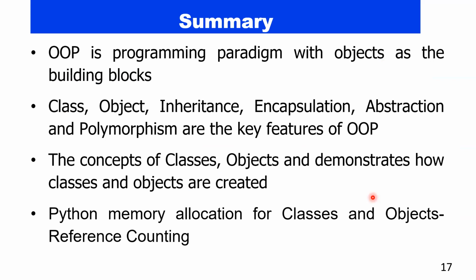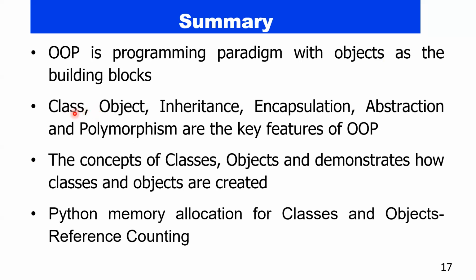So with this, we came to the end of this lecture 01, in which we have discussed object-oriented programming, which is a programming paradigm with objects as the building blocks. The key concepts of object-oriented programming include class, object, inheritance, encapsulation, abstraction, and polymorphism.